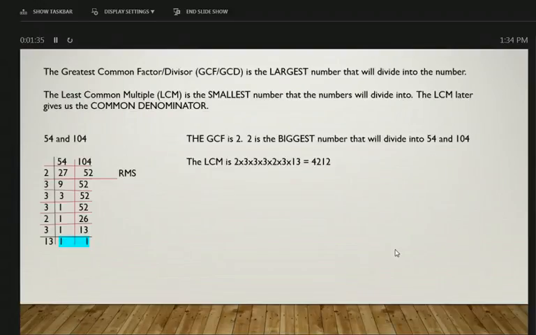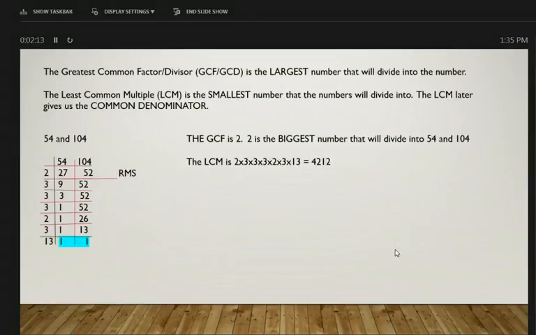Well, give me a number that will go into both 27 and 52. One, 2. 2 won't go into 27. All right. Well, 3. 3 won't go into 52. See what I'm saying? In other words, there's no other numbers that will go into both. You might find one to go into one and one to go into the other, but there is no number except for 1, which doesn't help us because it's the multiplicative identity. It doesn't help us.